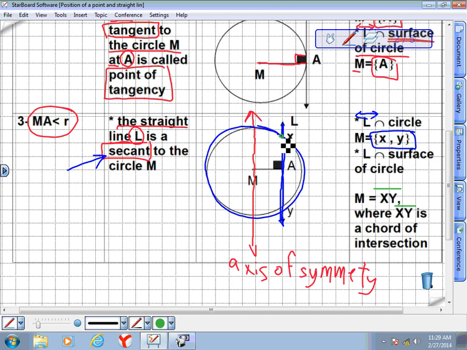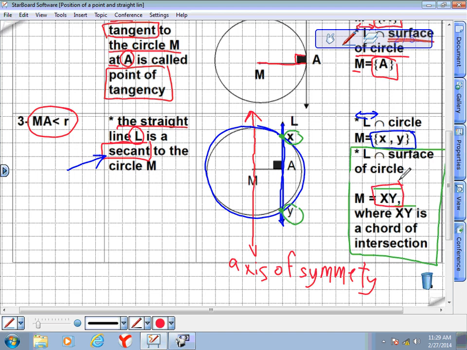The first point is called X, the second point is called Y, and the second note we have here is that the straight line L intersects the surface of circle M at the line segment XY.